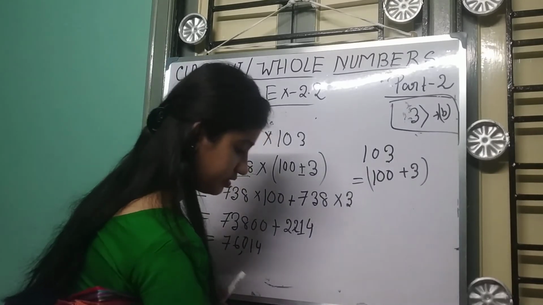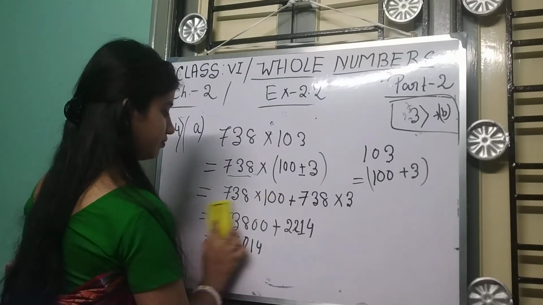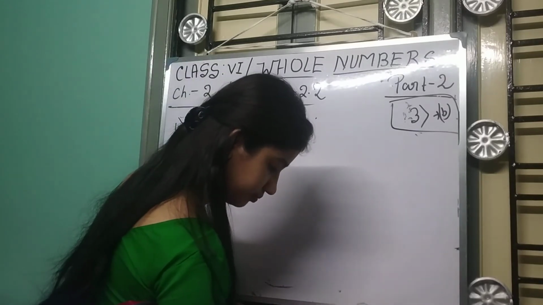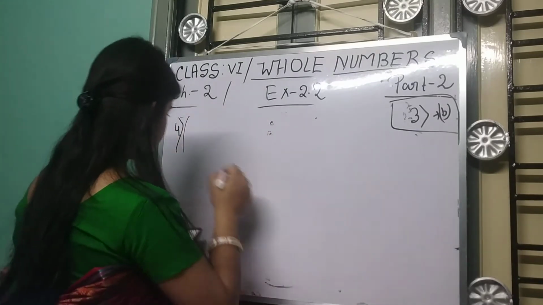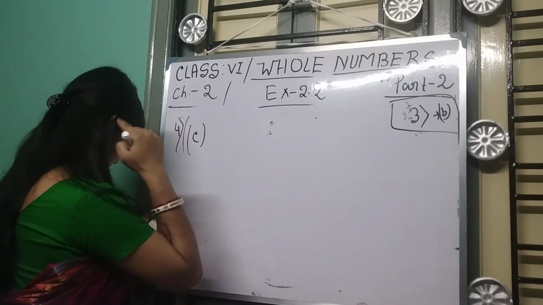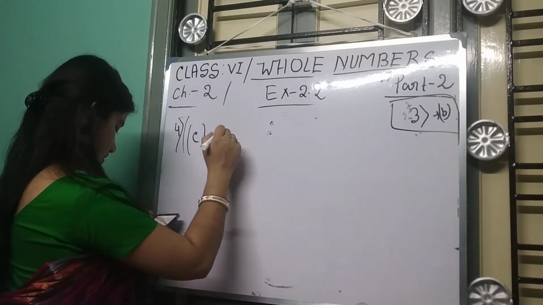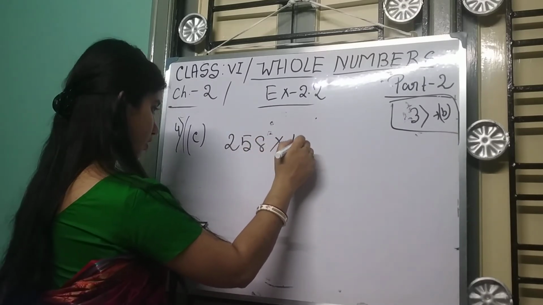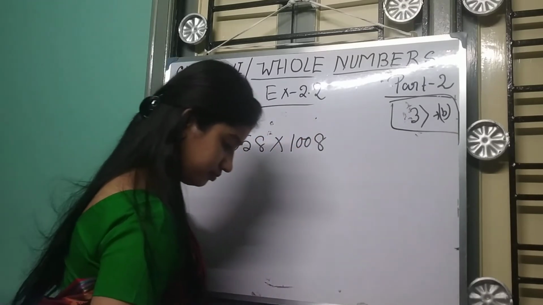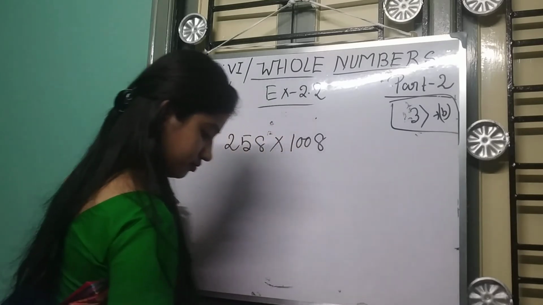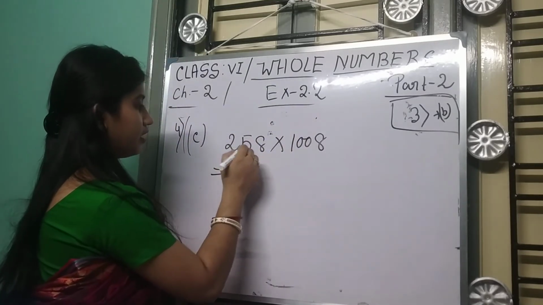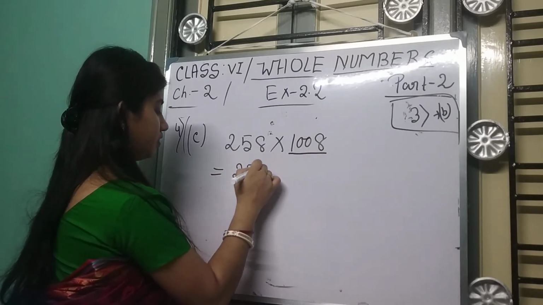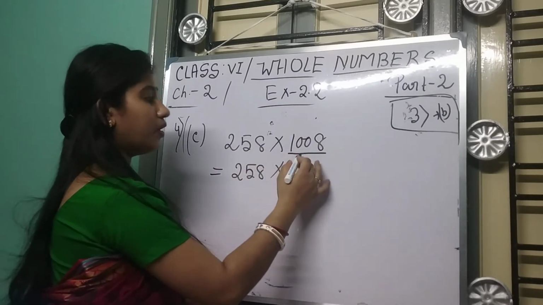Now next, number C. Here it is given 258 into 1008. Now we first write 258 into 1008.